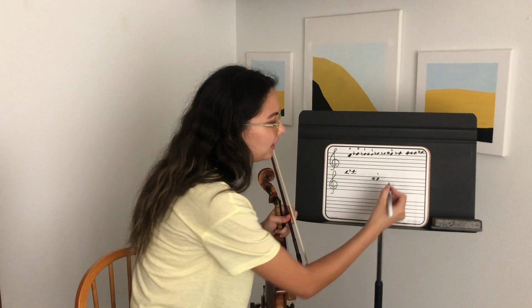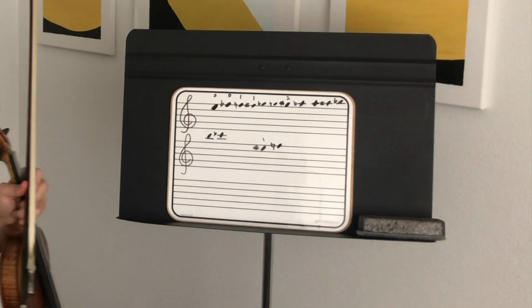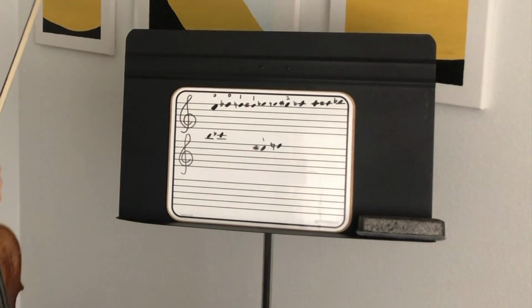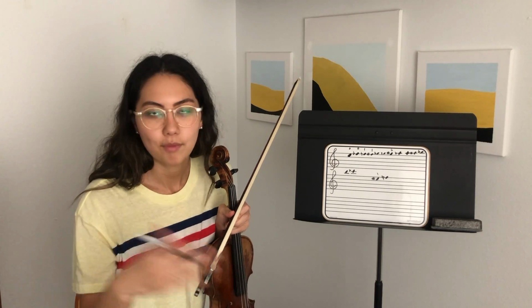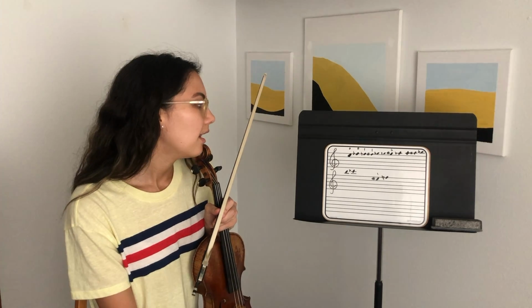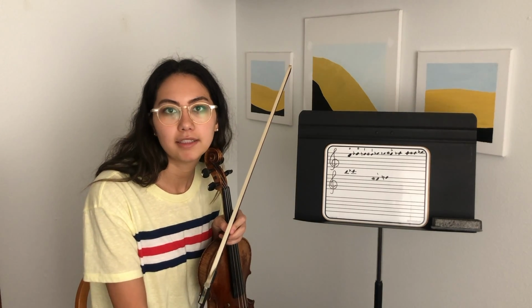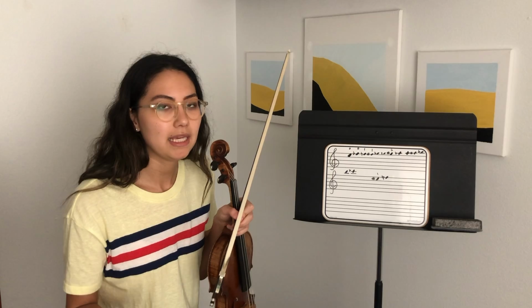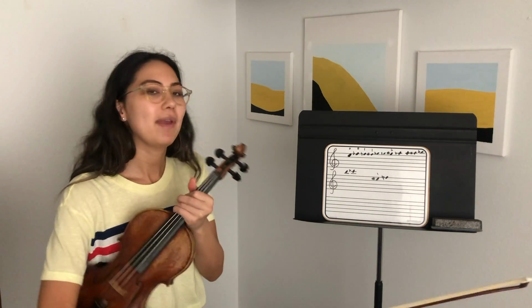E sharp is the same thing as F natural. And that one we see pretty often as well, depending on what type of music you're playing, what level you're at. But yeah, enharmonic notes allow us to play in multiple keys and still have patterns that make sense.